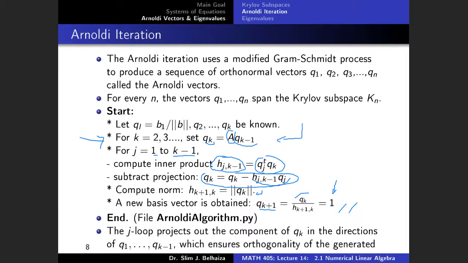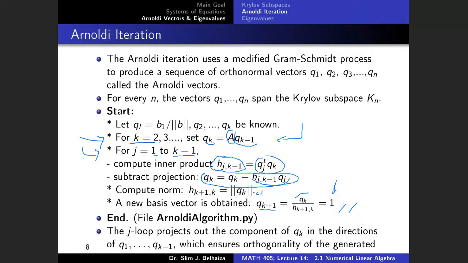So just to give you again some insights, you have two main loops here, a loop on k and a loop on j, which runs on all the previous vectors you generate. So to generate a new vector, you don't need only to multiply q_{k-1} by A, but you need to update it in a way that it generates a new vector which is orthogonal and has a unit norm.